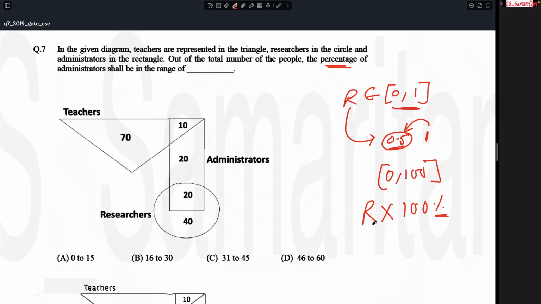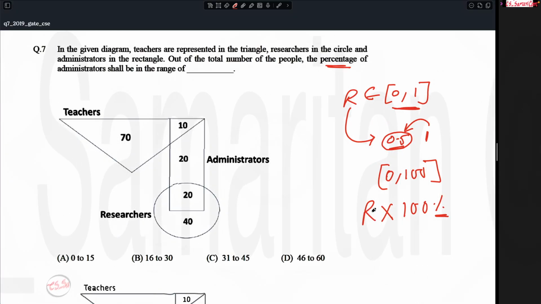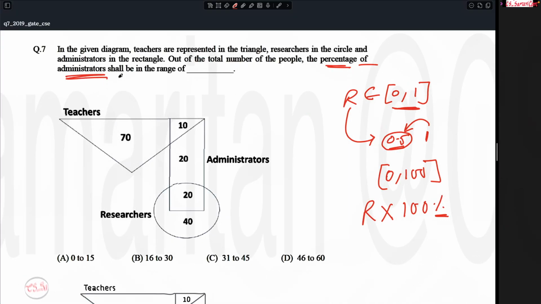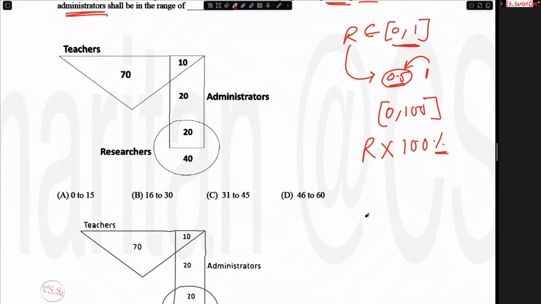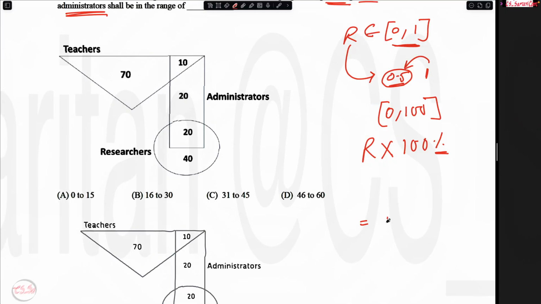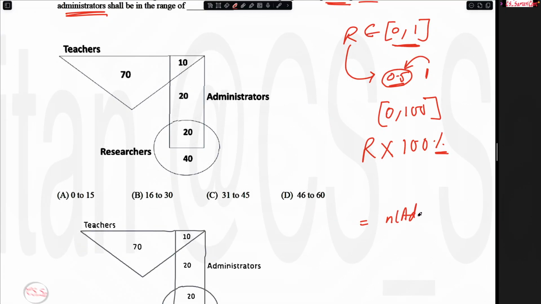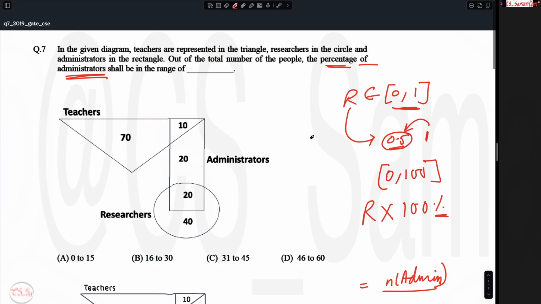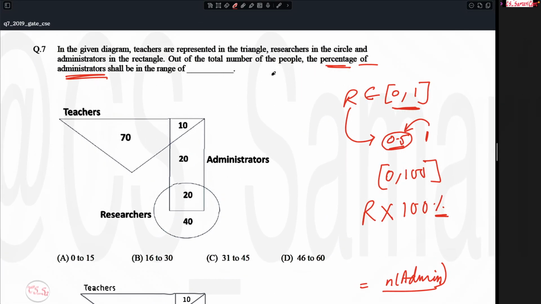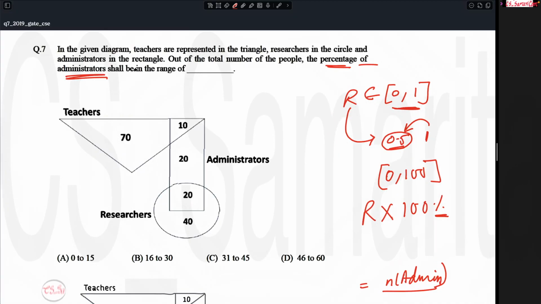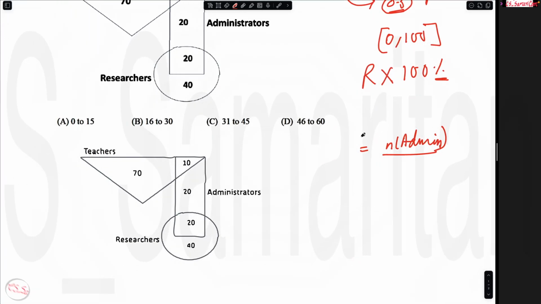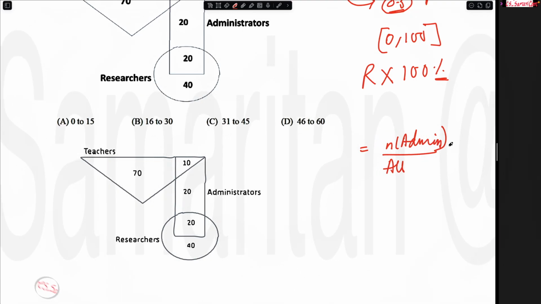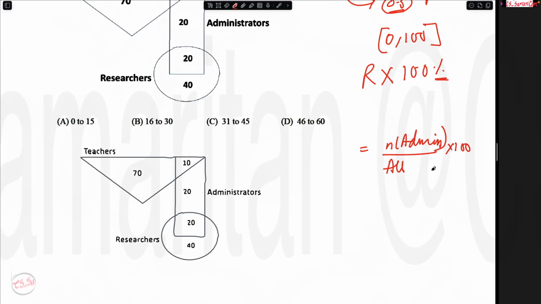What is the ratio that we want to find? The ratio that we want to find is the percentage of administrators. So this thing is basically equal to the number of admin out of the total number of people. The denominator is going to be equal to all people, because this ratio times 100 is going to be your answer.